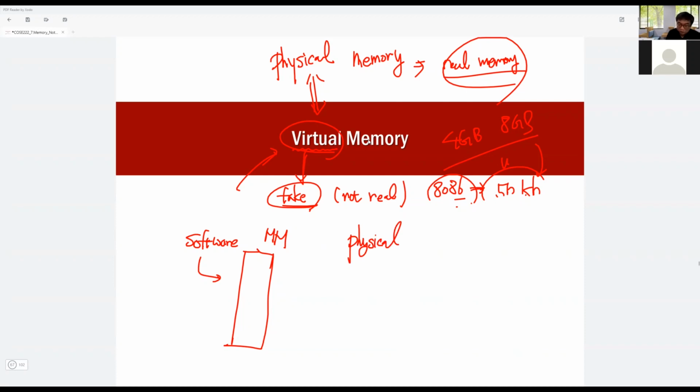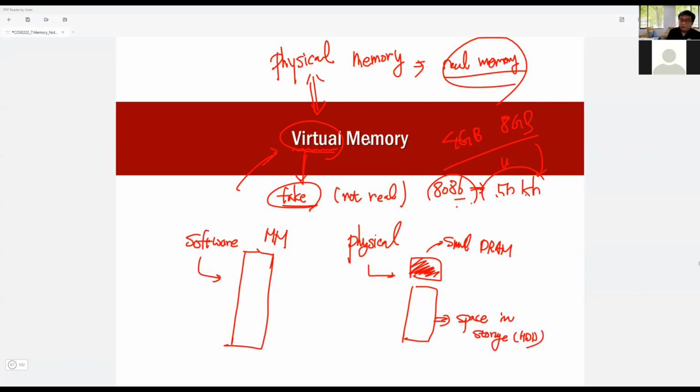But in reality, the computer system just provides a small DRAM and then some space in storage, HDD or SSD. This is the concept of virtual memory.